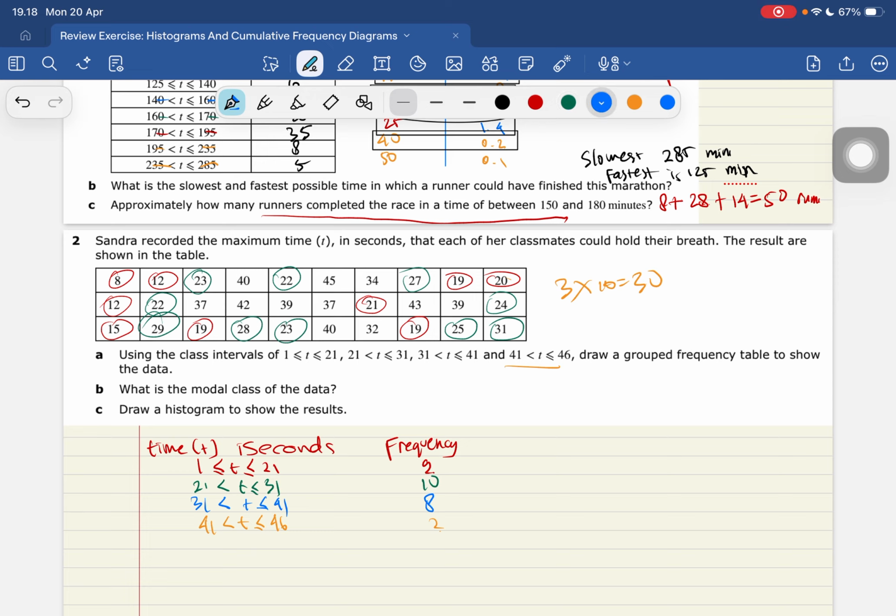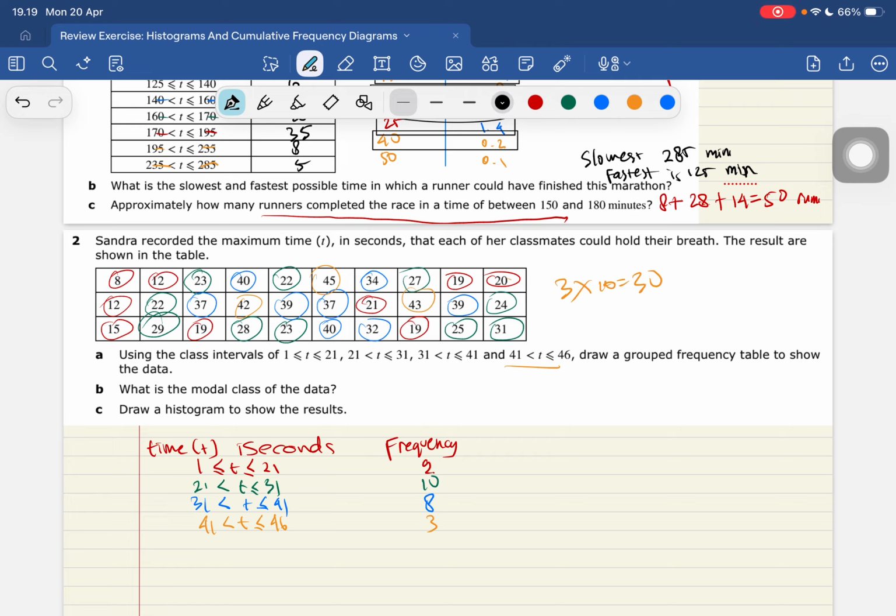Still 10. For 31 to 41, we count 8. For the last, we count 1, 2, and 3, so this is 3. Okay, we got the frequencies.